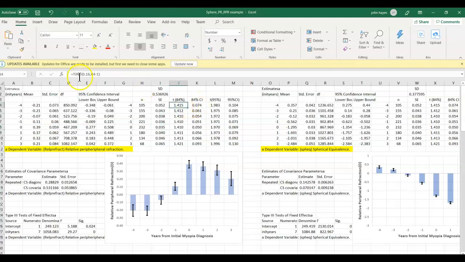So to do that, we use the t-inverse function, and 84 is the p-value that we stick in here. It asks for the probability, and that's going to be 1 minus 0.84 or 0.16. And then the degrees of freedom are the n, 105, minus 1. And that gives us a t of 1.415.